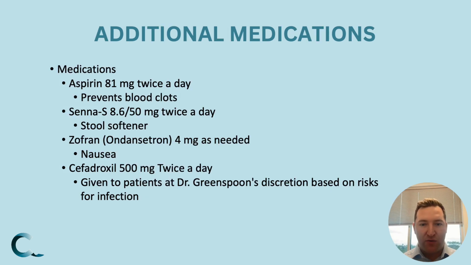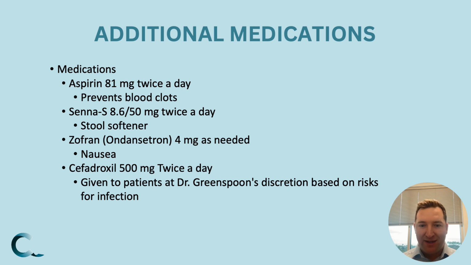In addition to your 4 pain medications that were just listed, you'll have a few additional medications to take. I put the majority of my patients on aspirin to help decrease the risk of blood clot formation, so you'll be taking aspirin 81 milligrams twice a day. I do prescribe a stool softener for all of my patients because the narcotic medications can cause some constipation, so we have you take the stool softener while you're taking the narcotic medications to decrease the risk of this happening.